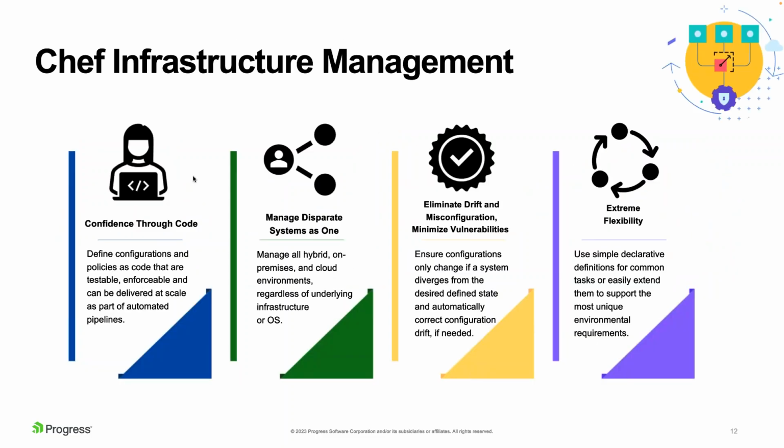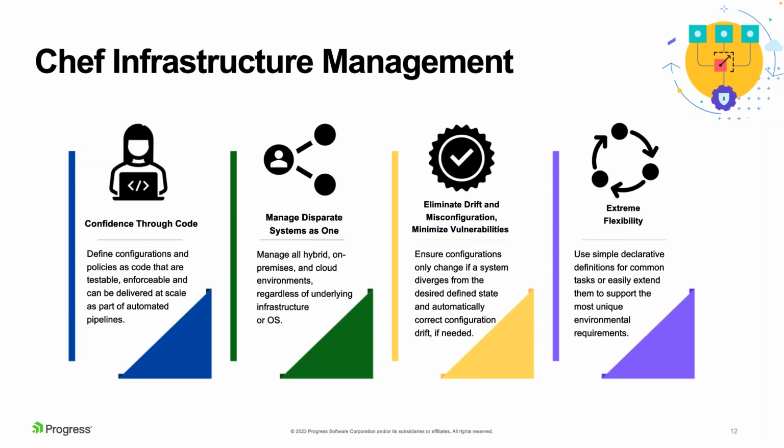A quick summary of Chef's infrastructure management solution. Any summary would be incomplete without mentioning the phrase policy as code, because that is the fundamental tenet upon which the entire Chef ecosystem works or thrives on. That is the ability to define configurations and compliance policies as code.